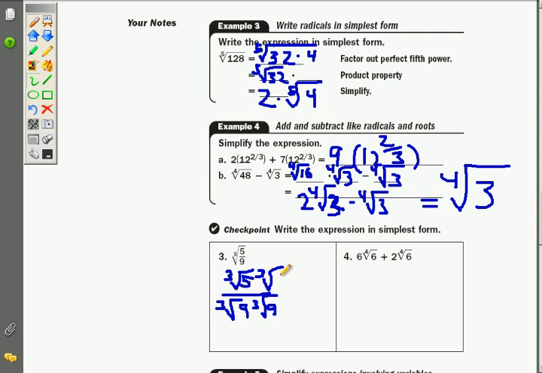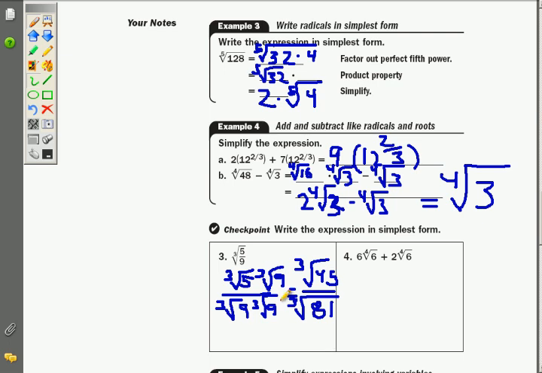And I end up with the cube root of 45 over 9. Because the cube root of 9 times the cube root of 9, oh, I'm sorry. No, the cube root of 9 times the cube root of 9 doesn't do much for me, does it? It ends up with the cube root of 81. And the cube root of 81 is not a perfect cube. So that kind of created a problem, didn't it? That didn't work out so well.